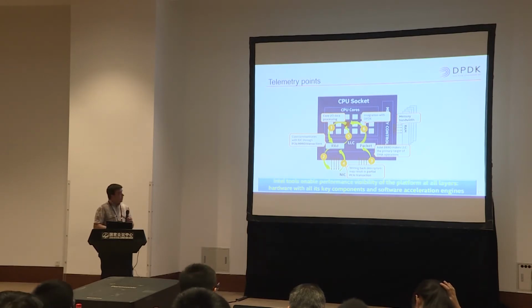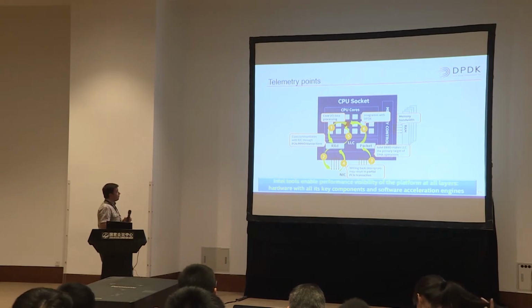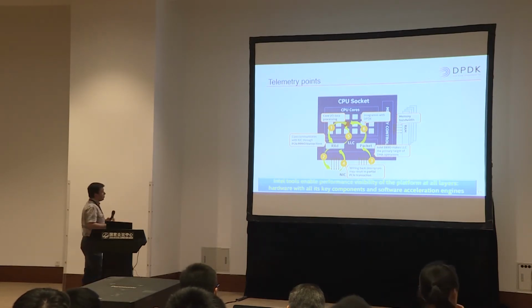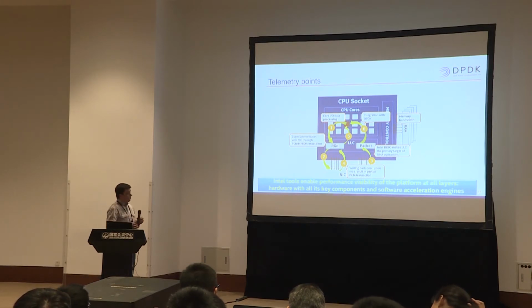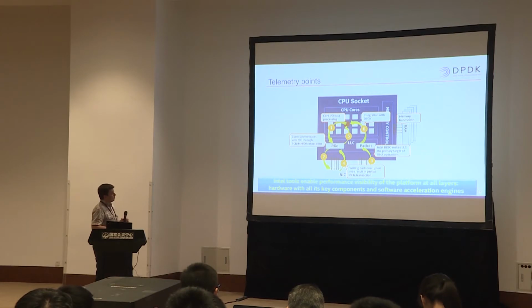So on a very high level, there are three metrics which need to be observed while debugging performance of I/O applications: it's I/O throughput, it's memory bandwidth, and it's socket interconnect transactions.